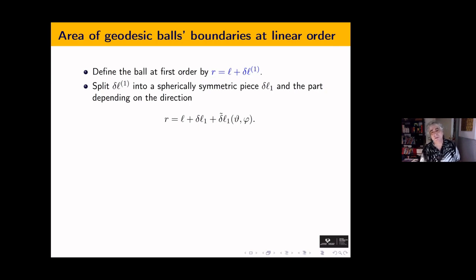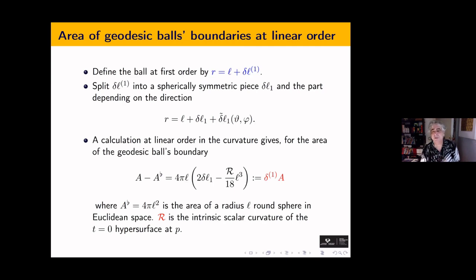Now, using this perturbation, you can compute at first order in the curvature, using Riemann normal coordinates, the area of the ball. And now the area of the ball is given by the flat area. So this means A flat, which is 4 pi L squared, where L is the affine parameter that you get there, except for the perturbation.